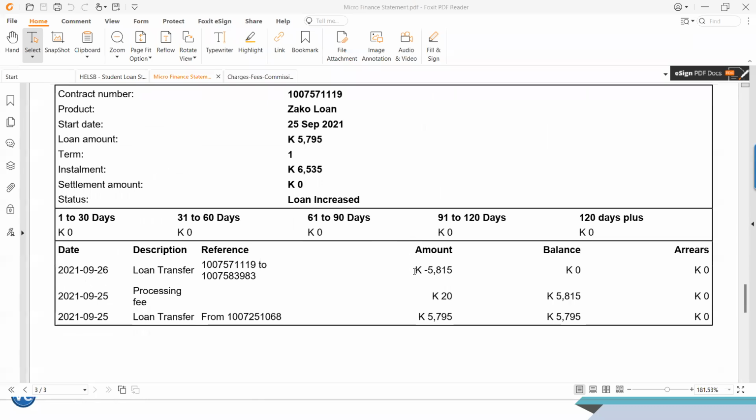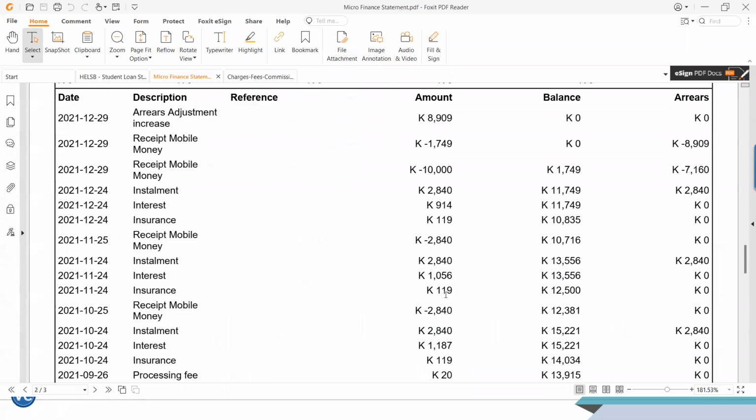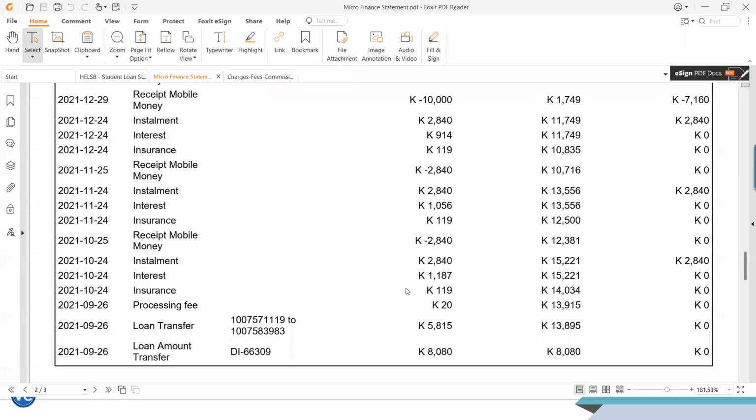So remember this 5,800 that we haven't yet paid back, it is added to this person's new reward loan. And it shows up in form of a loan transfer, this one. But because they asked for 13,800, remember what they originally asked for? This.